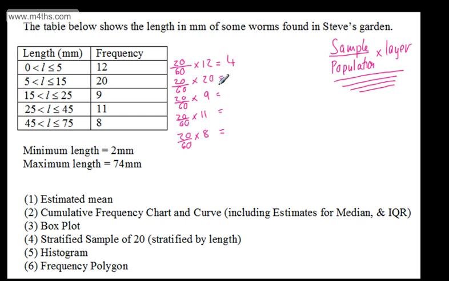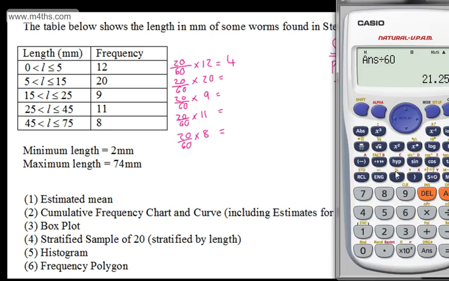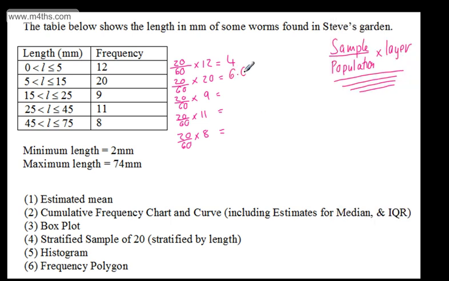1/3 of 20, that's not going to be nice. That's going to give us 6.6 recurring, so let's just do 20 divided by 3. 20 divided by 3 gives us 6.6 recurring. If we look at this, 1/3 of 9 is going to give me 3.